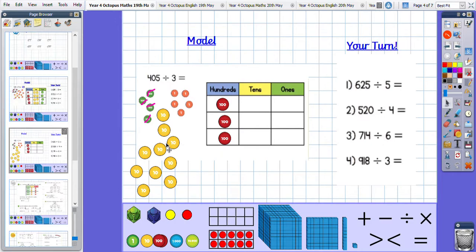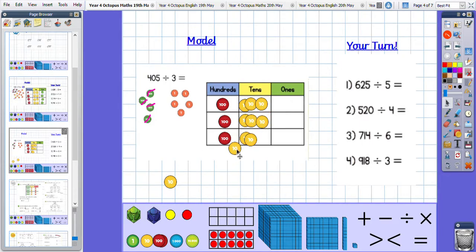So now I will split my 10 tens equally between my 3 groups. Okay, so 1 in each to start. Okay, I have enough to carry on. So now I have 2 in each group. I can carry on, so now I have 3 in each group.